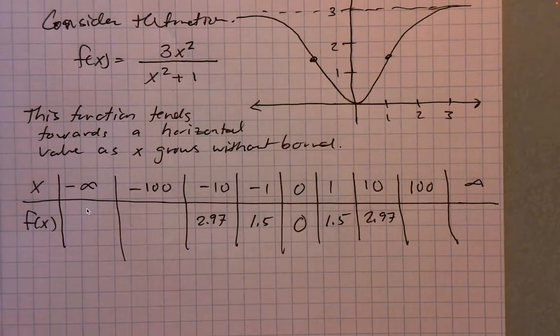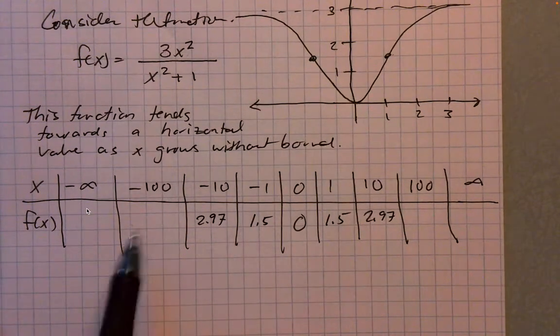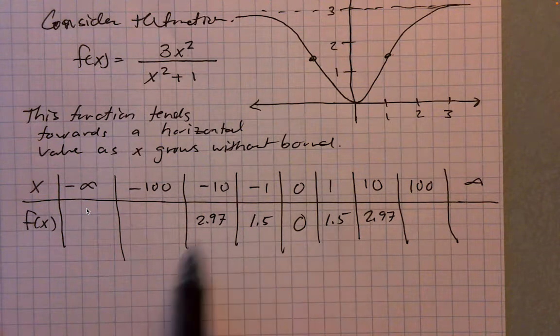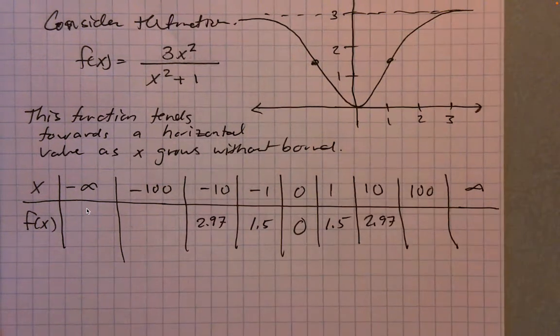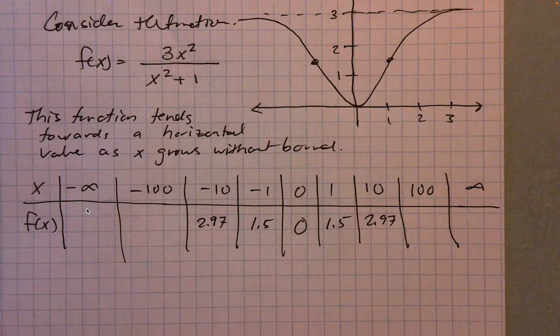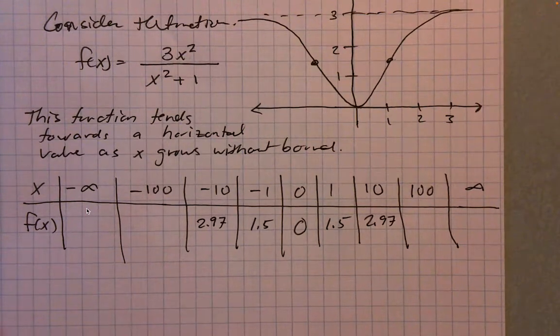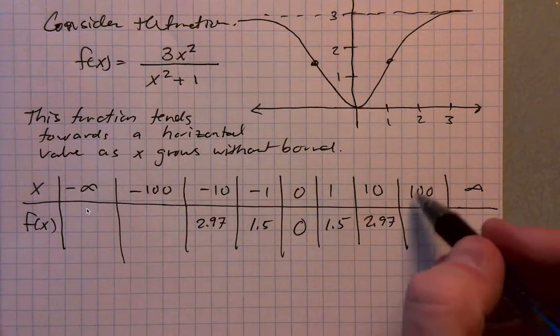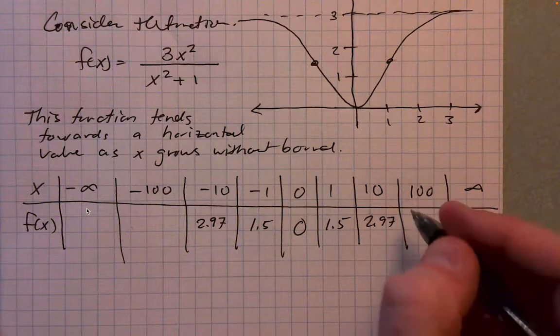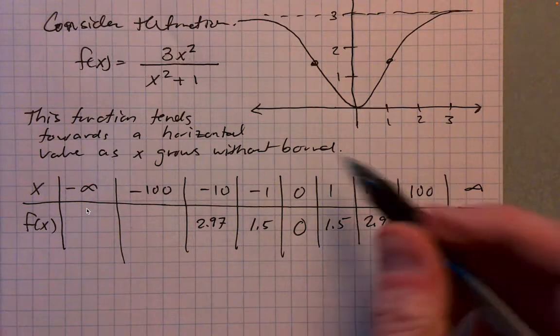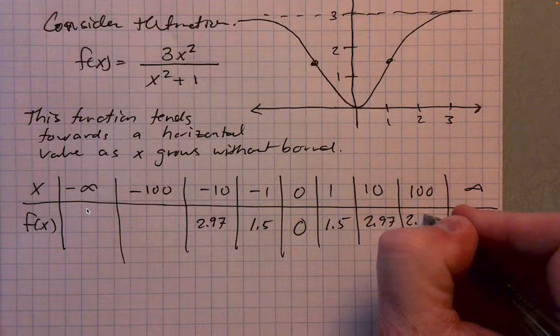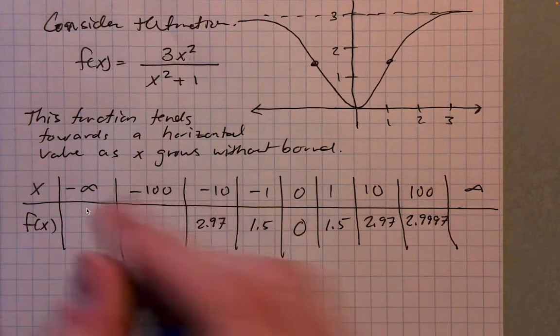This would be the edge of what you would feasibly plot on graph paper like this. But what happens when you plug in negative 100 or positive 100? What you'll find is that the function evaluates to something like 2.9997.